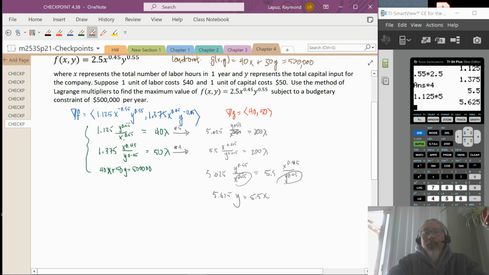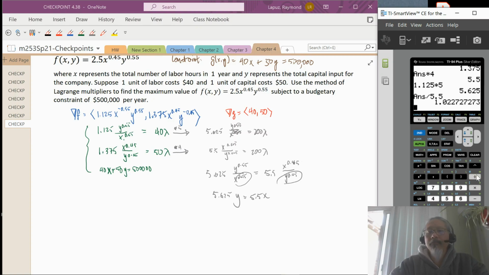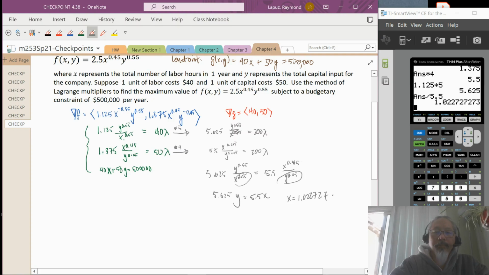And just a matter of dividing by one of them. Let's divide by 5.5. We're going to get x equal to 1.022727 times y.